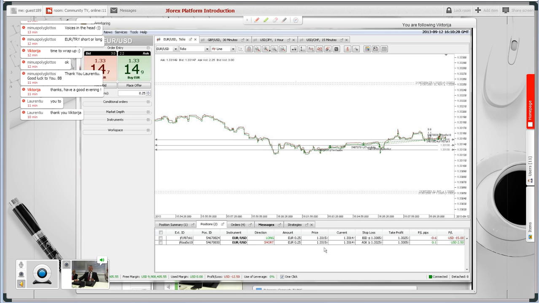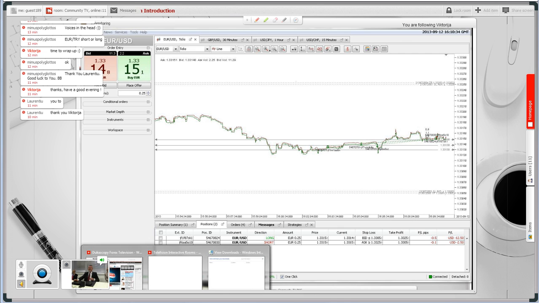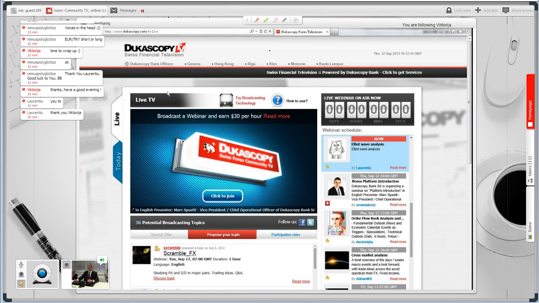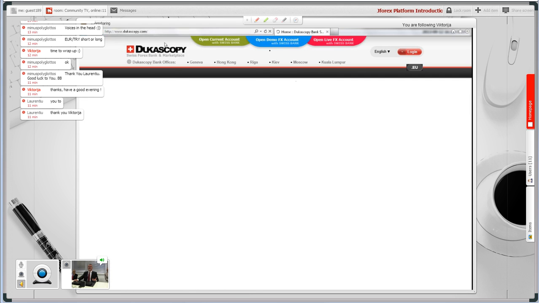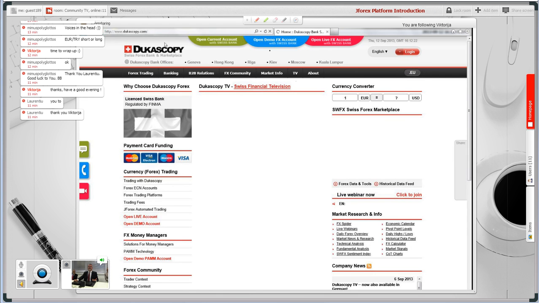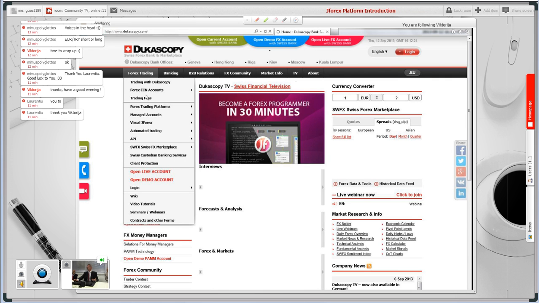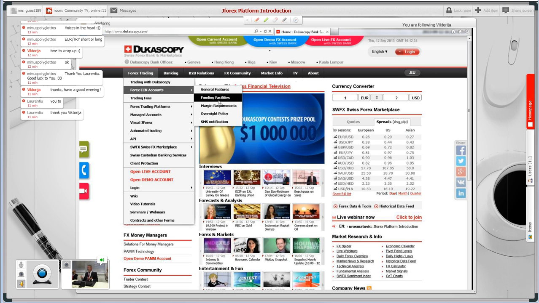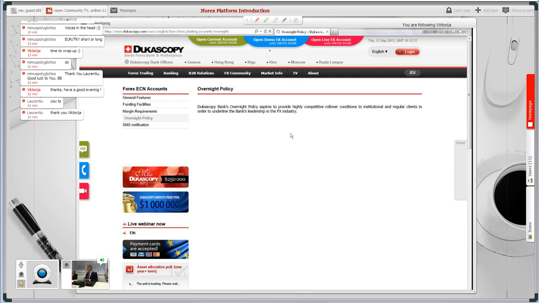What is important for you to understand is if you use this waiting position and you go overnight, there will be charges on the account, or there will be profits on the account. But if on the same currency you remain with a long and short trade, at the end it will cost you money.